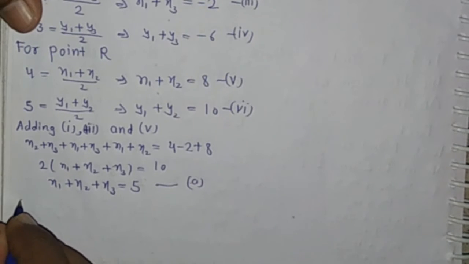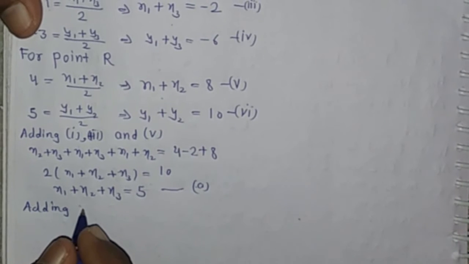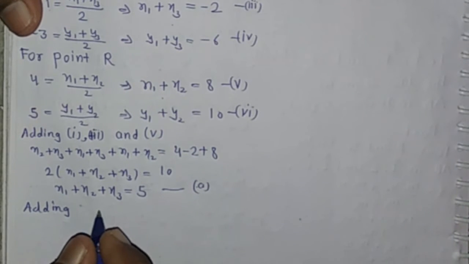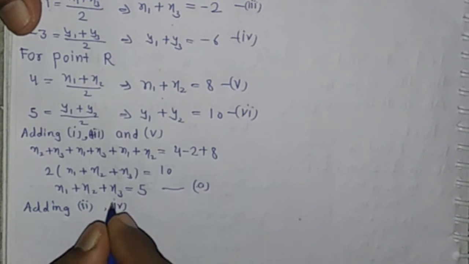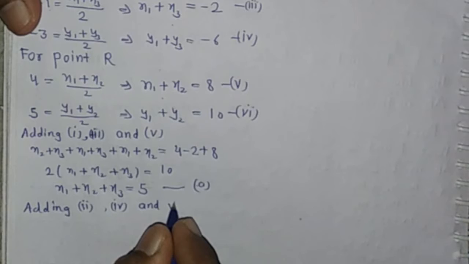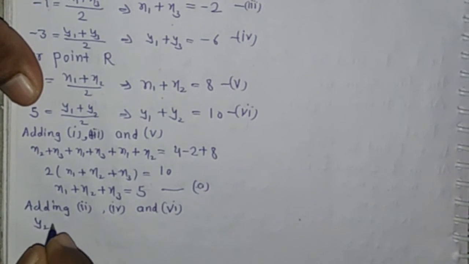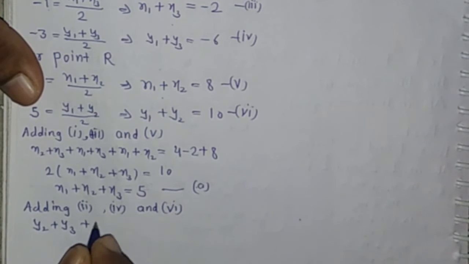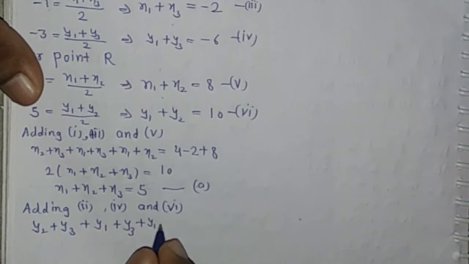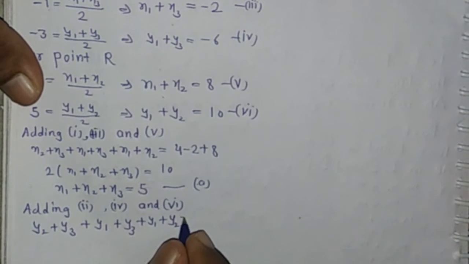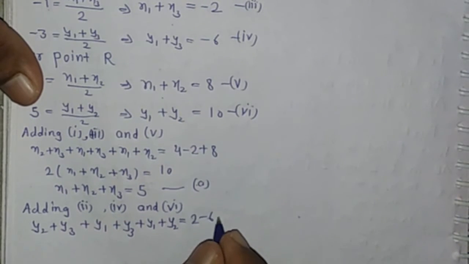Now adding equations 2, 4 and 6, we have y2 plus y3, y1 plus y3, y1 plus y2 is equal to 2 minus 6 plus 10.